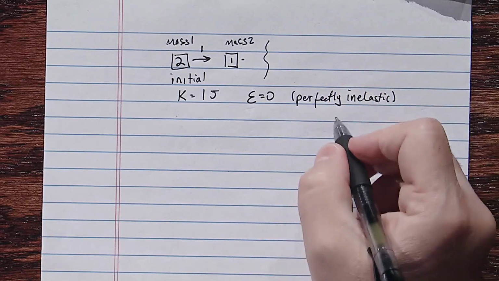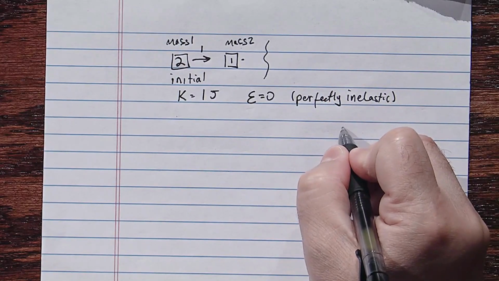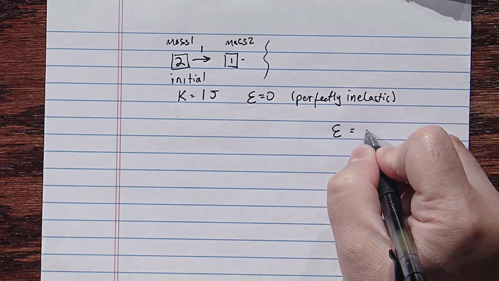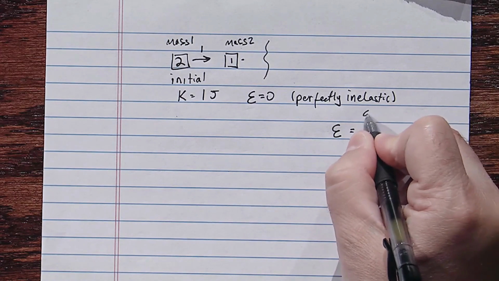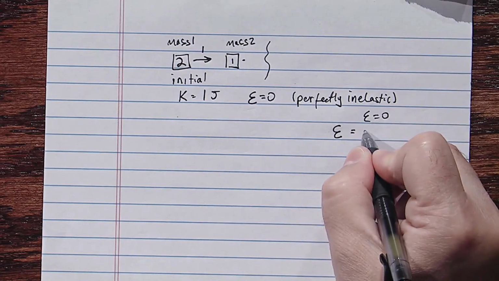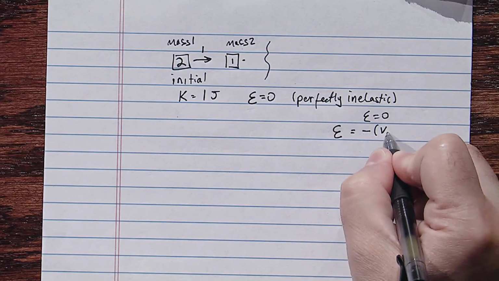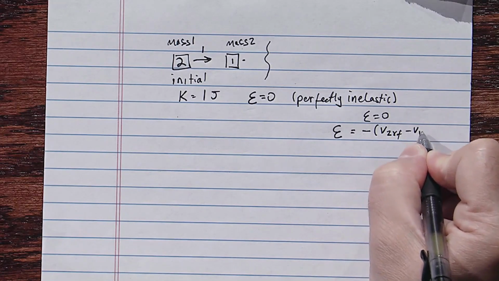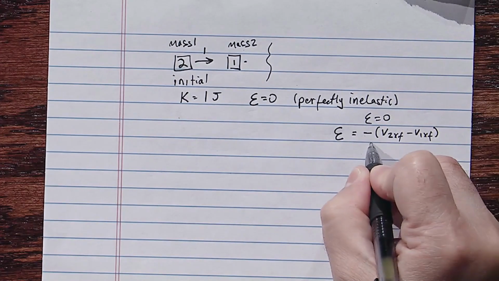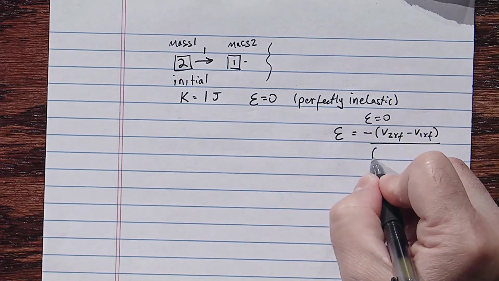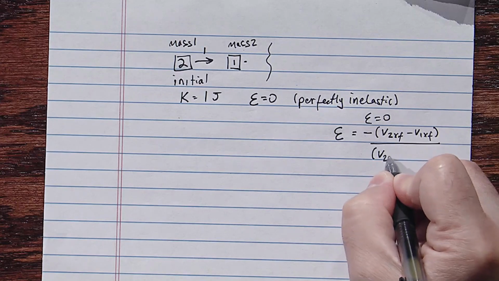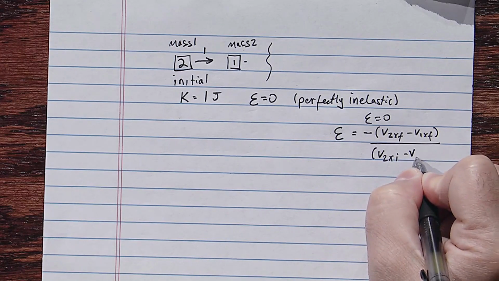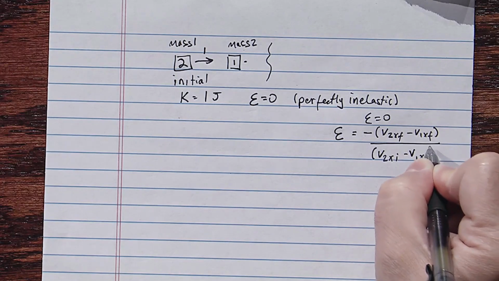Which means I'll go ahead and write my E equation over here. E is equal to minus V2x final minus V1x final divided by V2x initial minus V1x initial.